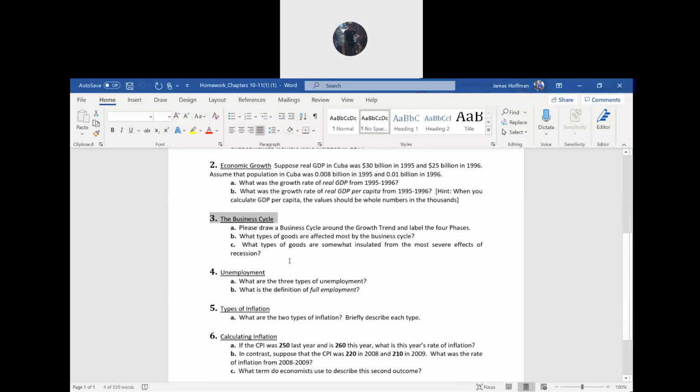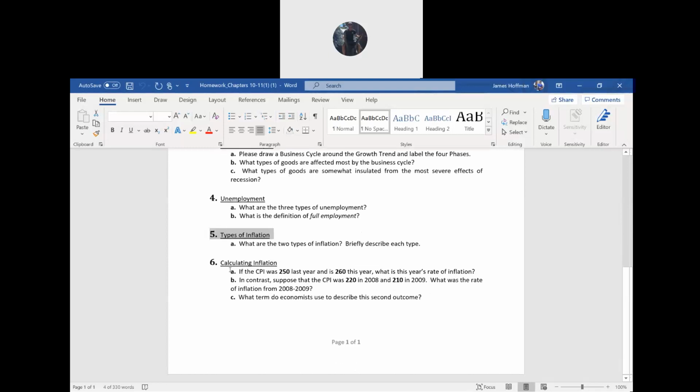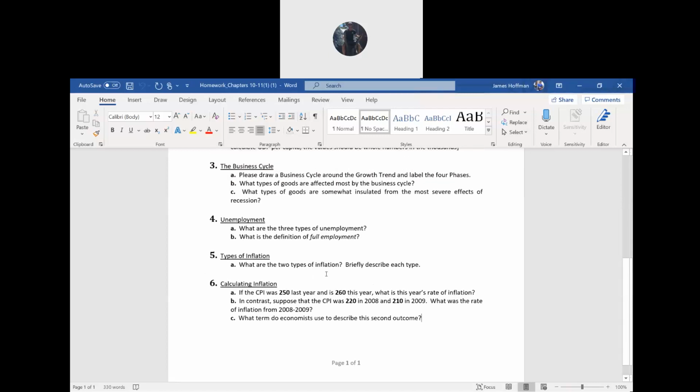So just draw the business cycle and explain the goods that are normally most affected, even though the current business cycle is a little bit different. Number 4 is on the types of unemployment and the definition of full employment based on the types. Number 5, the types of inflation. And number 6, you just have to calculate the inflation rate in a couple examples here. So there's 6 questions, but some are just short answer and pretty short questions, and you should have an example. Most of these questions are from the ones we did in the examples.